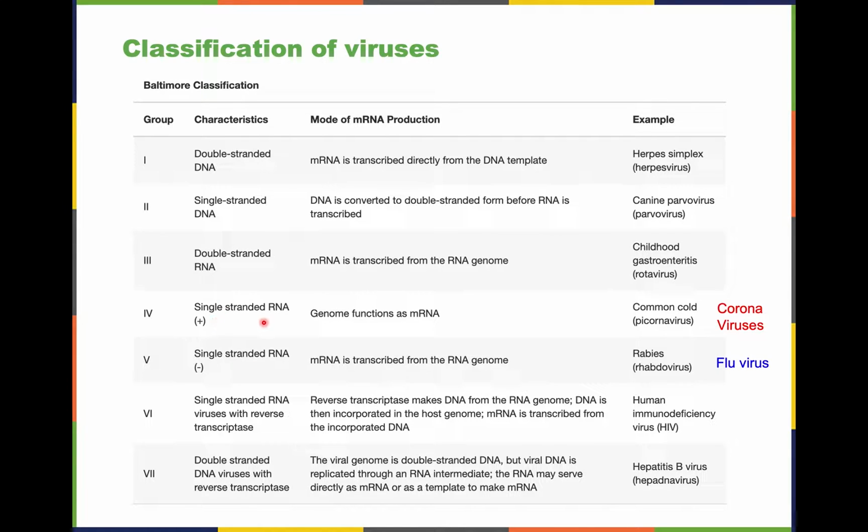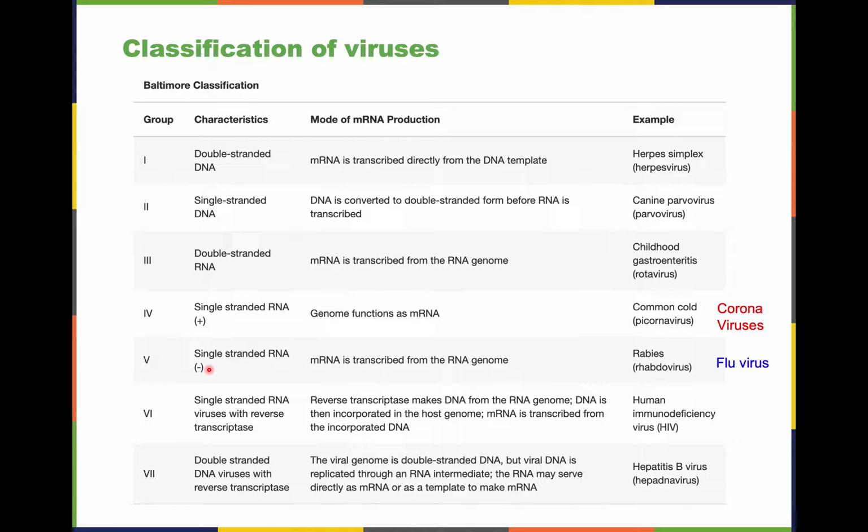Some have single-stranded RNA that is positive sense, which means the RNA can directly be used to make protein, and the COVID-19 virus is a single-stranded RNA with positive sense.